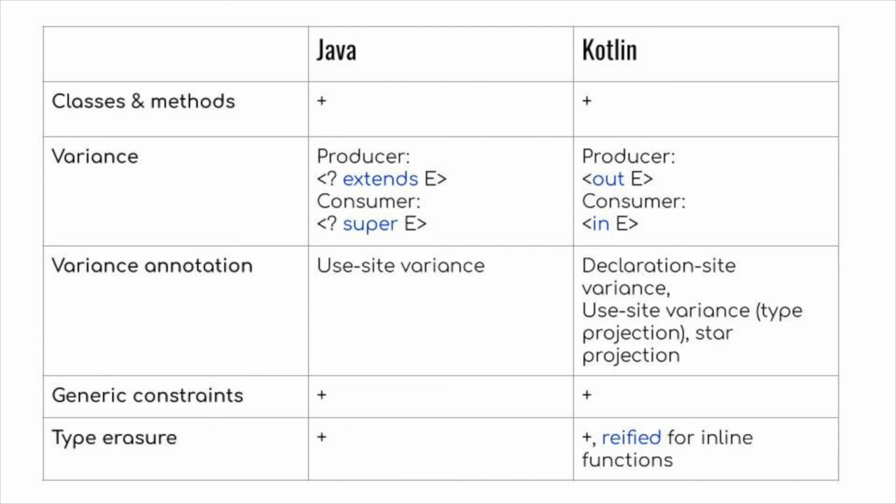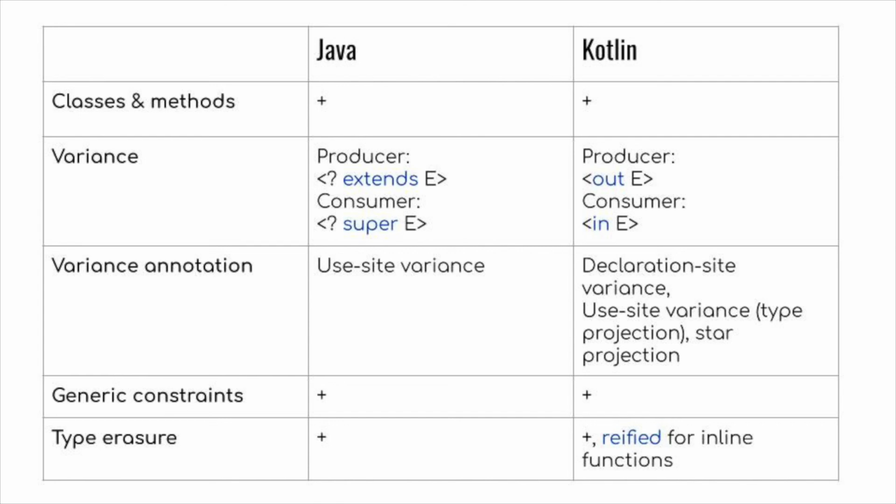There are specific syntaxes and keywords for producer types and for consumer types. In Java, there is only use-site variance, when you define your wildcard type in the place where you use the type. In Kotlin, there is declaration-site variance, when you use the out or in keyword right inside the type declaration.